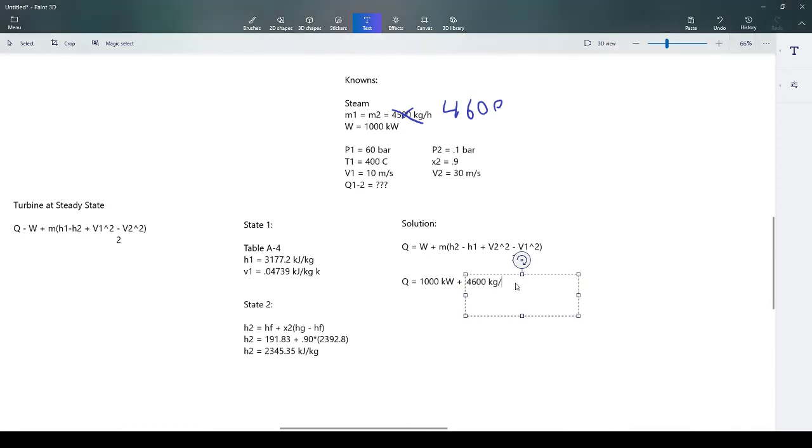1.277 is our mass flow rate per second. So 1.277 kilograms per second is how I've just changed it.